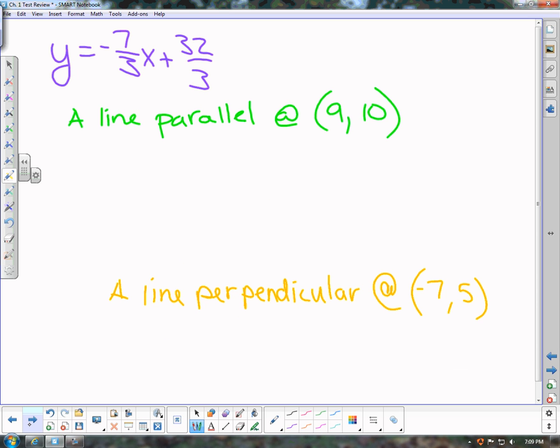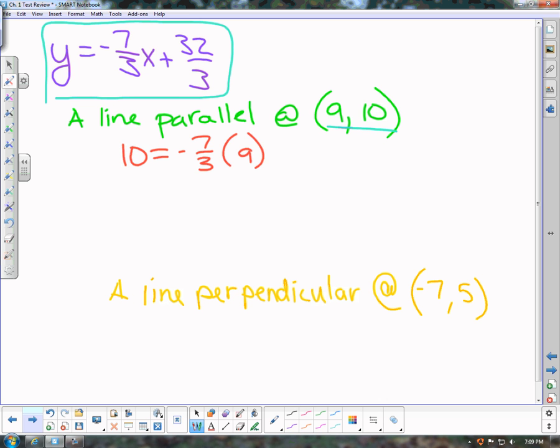Finally, the last types of examples for this particular part of the test would be to write parallel and perpendicular lines to an equation. Here is our equation of our line, which is one we just got done figuring out. Now we want to be parallel to it, through (9, 10). So if we're going to be parallel, the slope has to be the same. So we would have 10 equals negative 7/3 times 9 plus b.